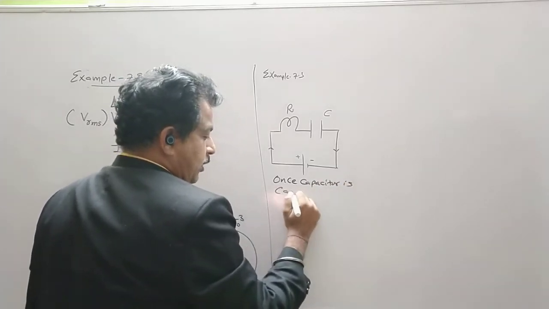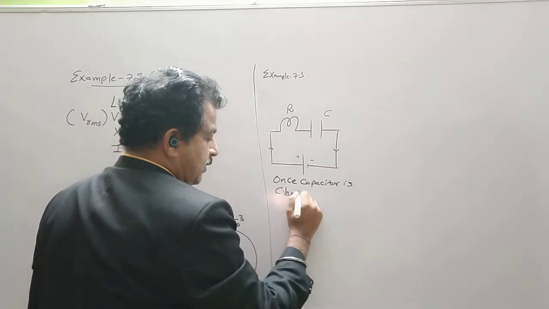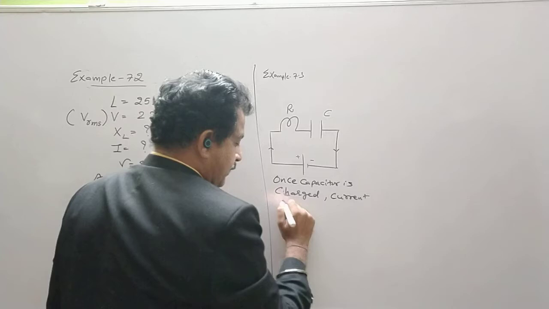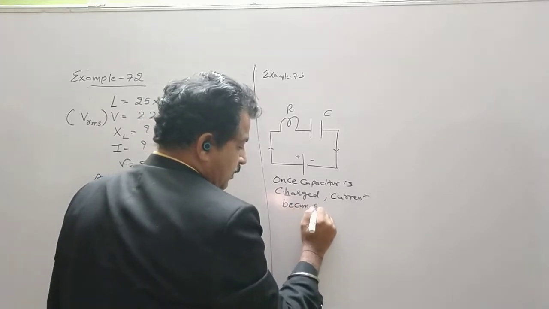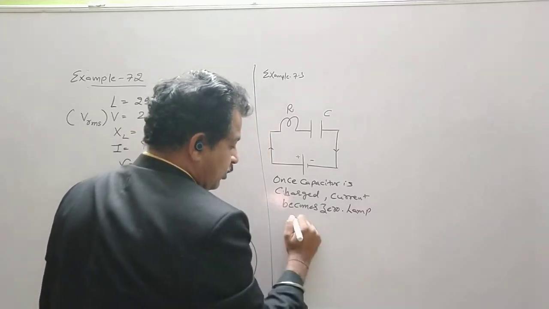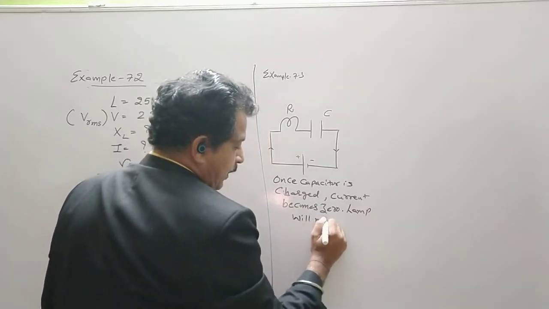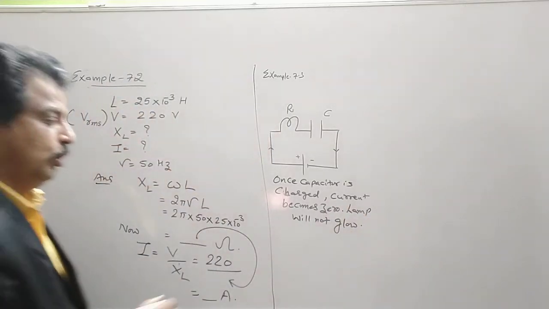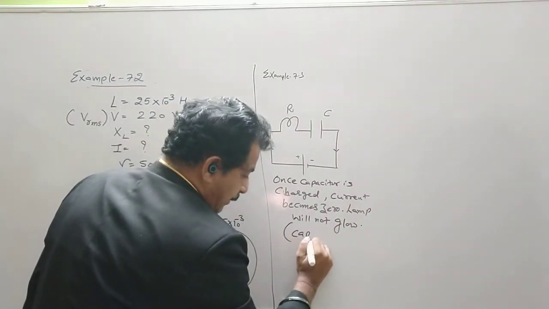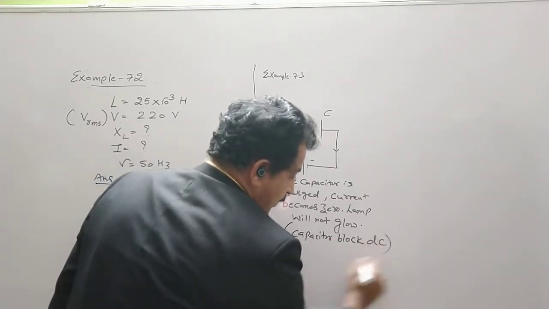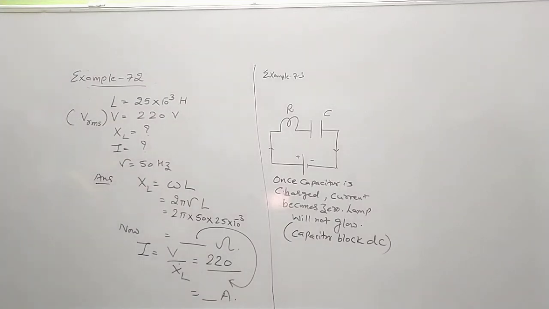Also, we know the capacitor blocks DC. So once the capacitor is fully charged, the lamp will not glow.